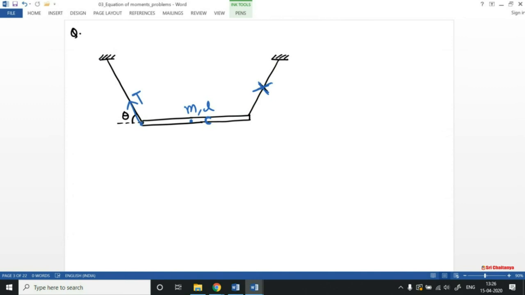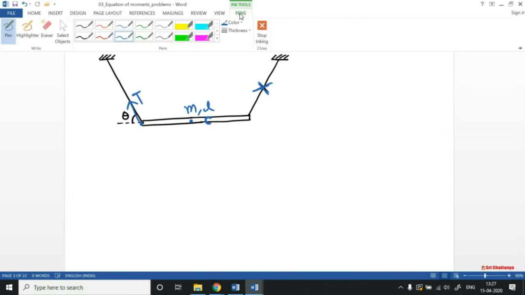The benefit of finding it about the center of mass is that the pseudo force will produce zero torque about an axis passing through the center of mass, because the pseudo force will itself be passing through the center of mass. So in this type of situation, it is always beneficial to write the equation of torque about an axis passing through the center of mass only.